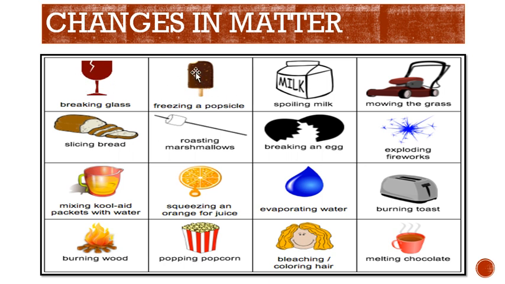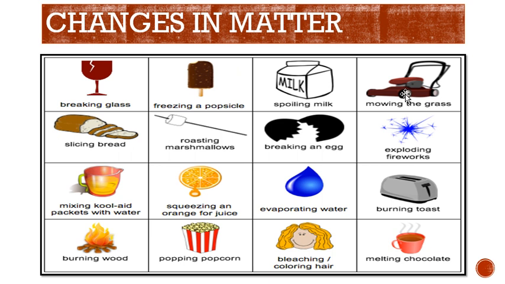Freezing a popsicle, the same, right? Even if you freeze the popsicle, its taste, color, and composition are the same. Spoiling milk. This is already a chemical change, because the odor, the smell, and possibly the color differ. There can also be precipitate that forms, or bubbles.